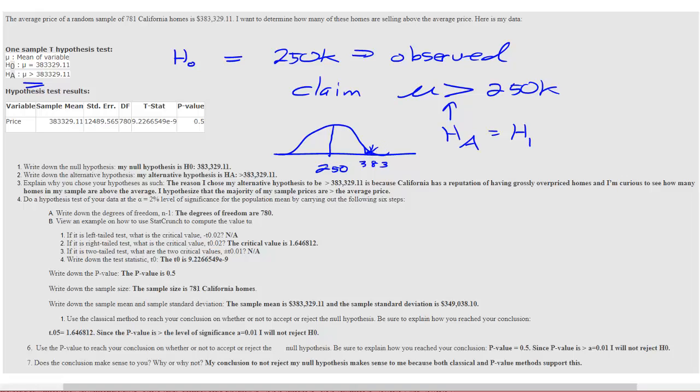If 250 was the actual average, that's the probability of getting a sample from that population with an average of 383. That p-value would probably be small enough that you could reject the null that it's equal to and support your claim that it's greater than 250, because 383 is quite a bit above 250.